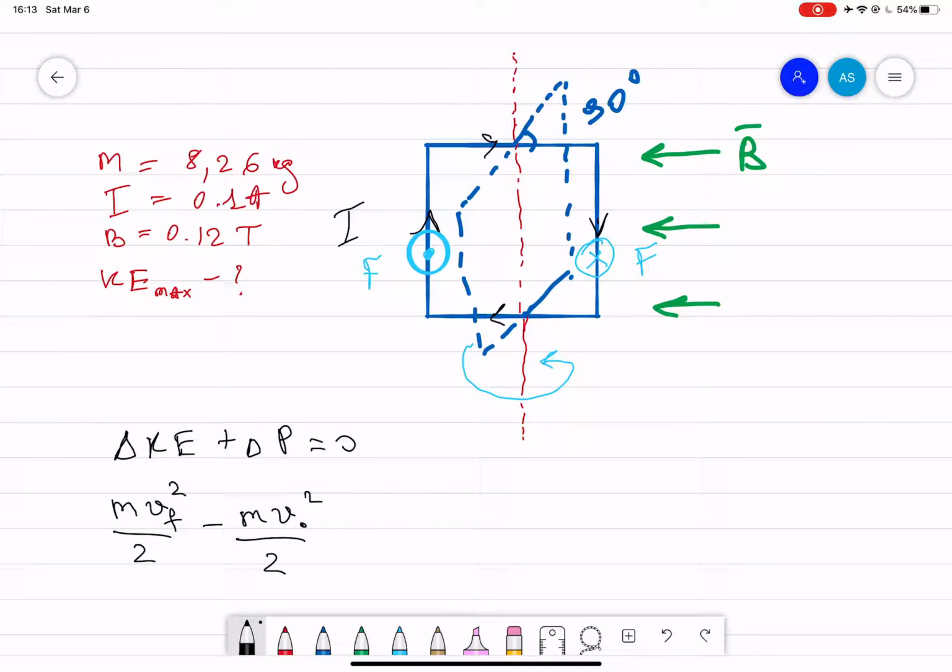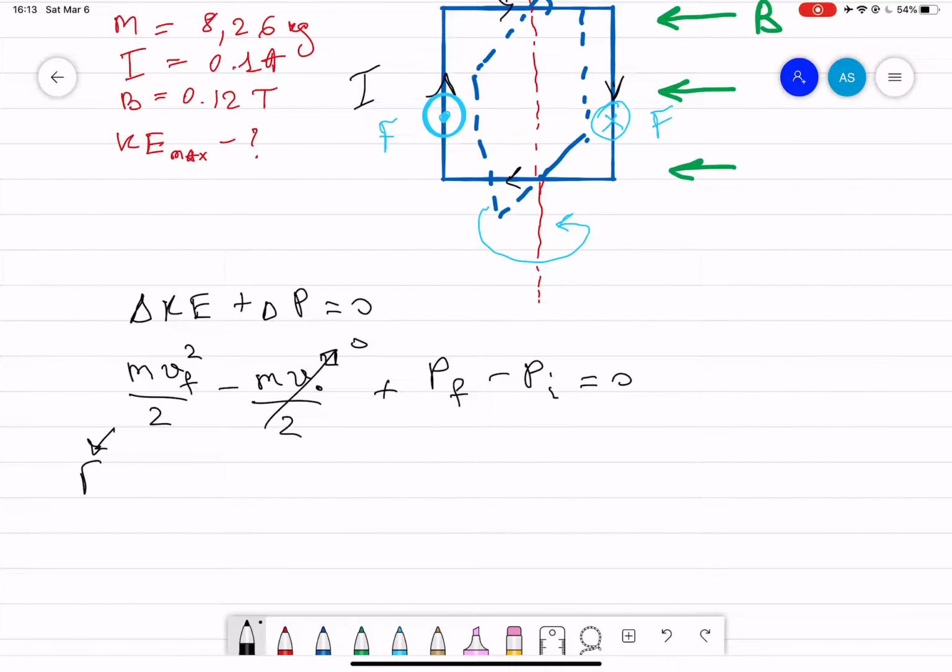Since initially it was not moving, I will make this one 0, plus potential energy final minus potential energy initial, which is equal to 0. Now this one gives us the kinetic energy maximum, where it will have maximum velocity. That means the kinetic energy maximum will be equal to the potential energy initial minus potential energy final.